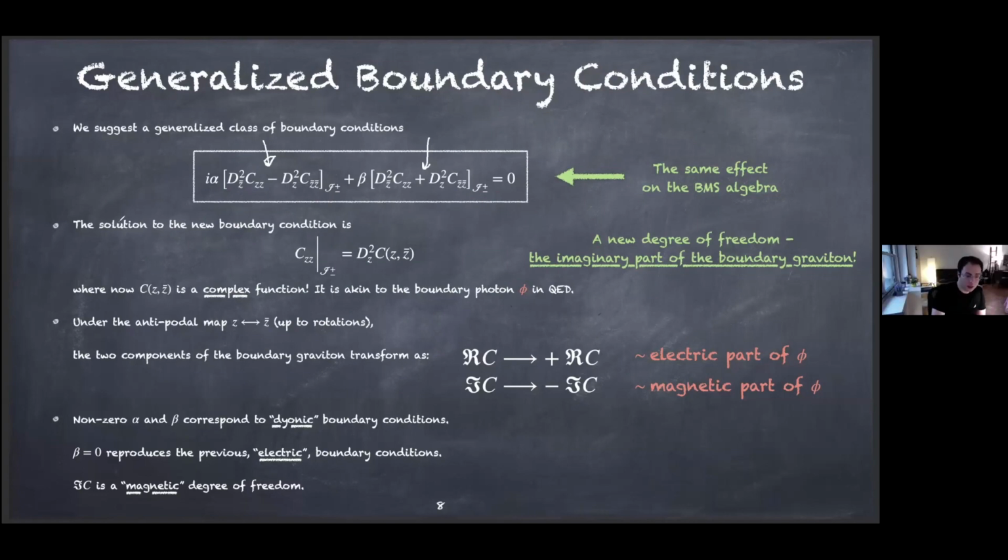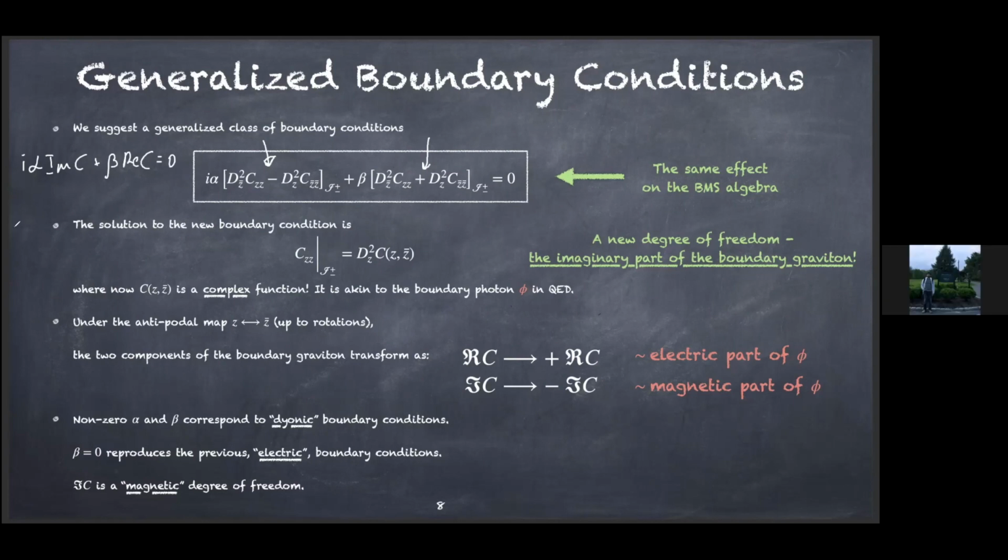No, what you will get is, roughly speaking, something like i alpha times the imaginary part of C, maybe with some differential operators acting on this, plus beta times the real part of C. And the boundary condition that you discussed in your paper is when beta equals 0, and therefore the boundary condition that you set is basically setting the imaginary part of C to 0.